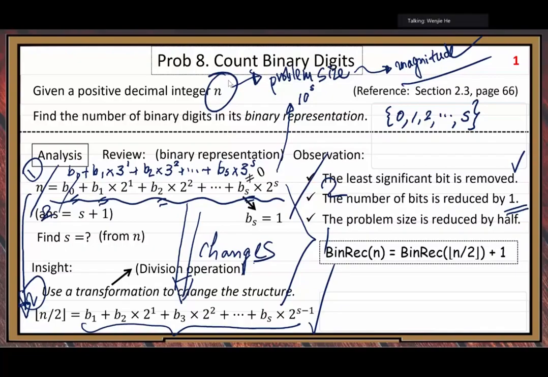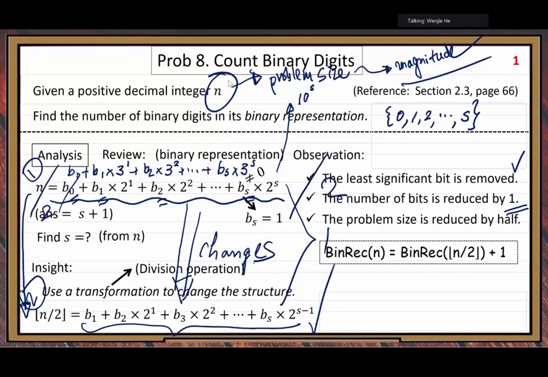Now, the recurrence relation. In order to write it out, we need an explicit function for the representation. We give the function a name, binary recursion function, rec of n, with problem size n.